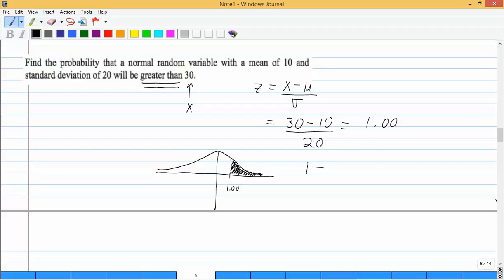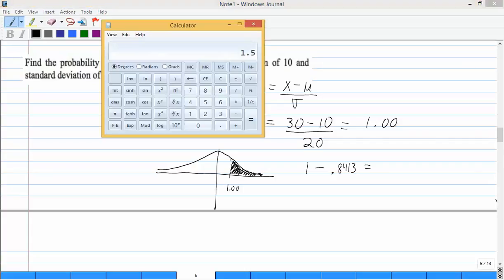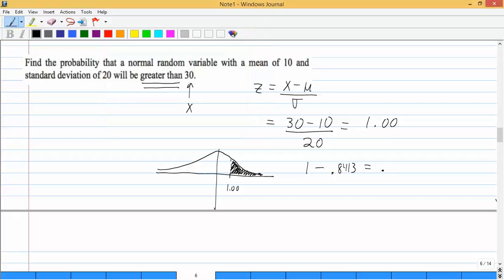So let's look at the table for 1.00. I got 0.8413. So that's going to be 1 minus 0.8413, which is 0.1587.